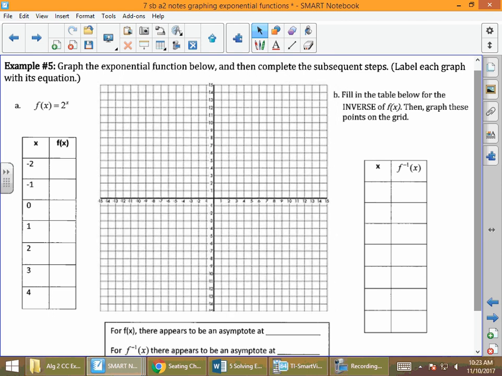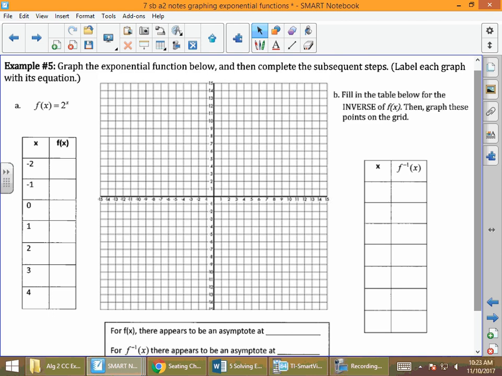But what we did on Monday, earlier this week, is we graphed f of x equals 2 to the x. And we could rush through our notes and pull them out from before. But the bottom line is, we found that when we took 2 to the negative second, we came up with 0.25. And 2 to the negative first, we came up with 0.5.